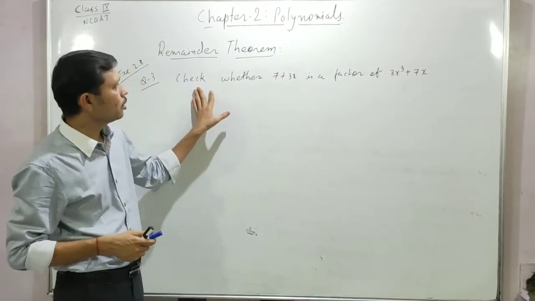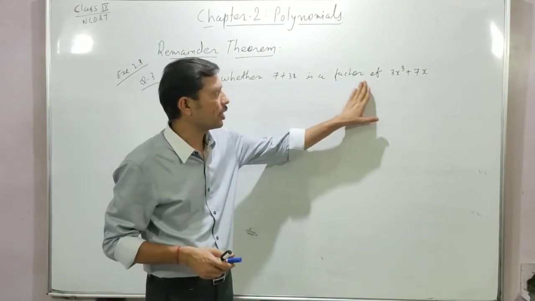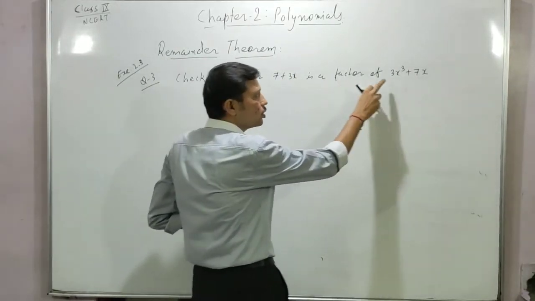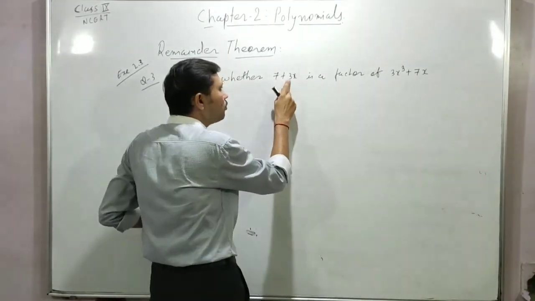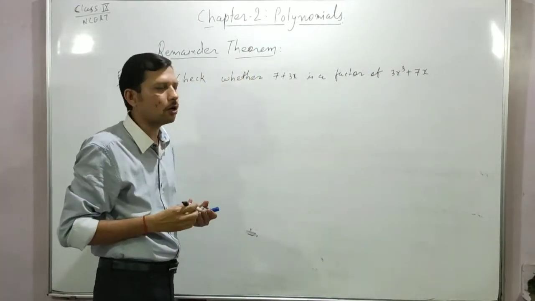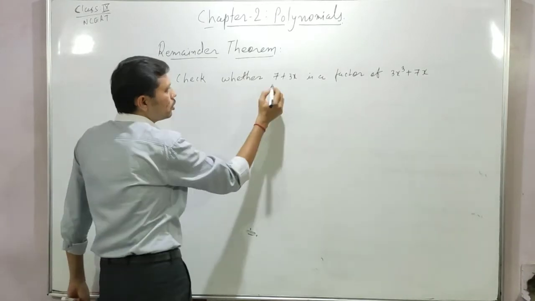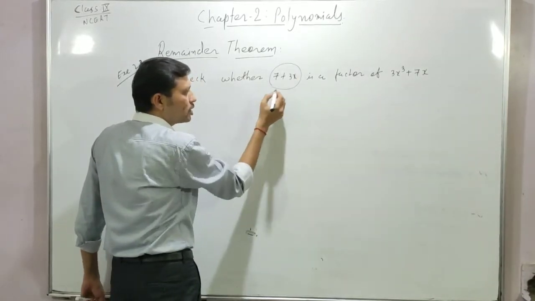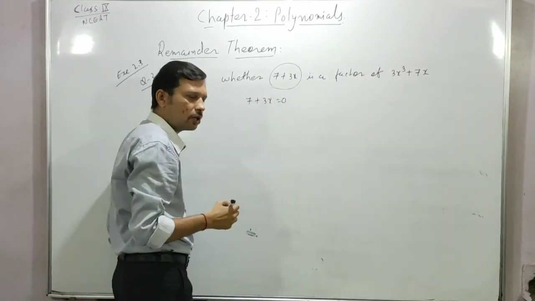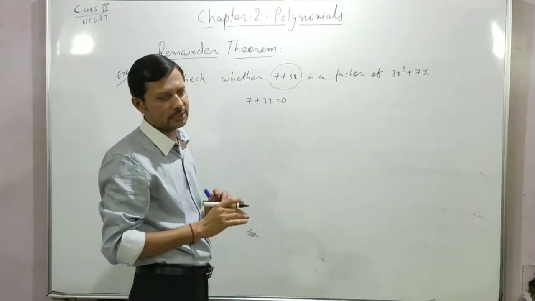Here we have to check whether 7 plus 3x is a factor of this polynomial or not. So this one is a divisor and this one is a dividend. So 7 plus 3x, we have to check if it's a factor of 3x cube plus 7x or not. So this one we will compare with what? 0, as per our remainder theorem, and we will get the value of x here.